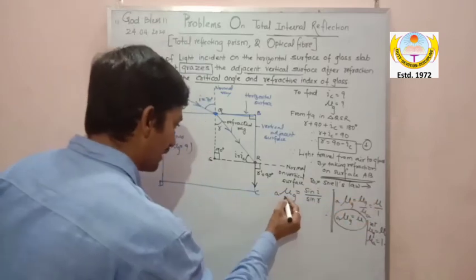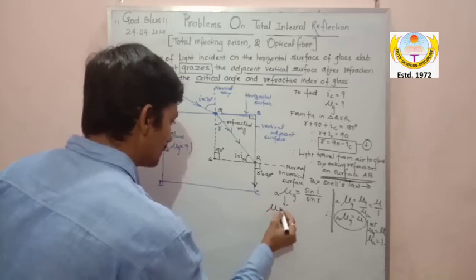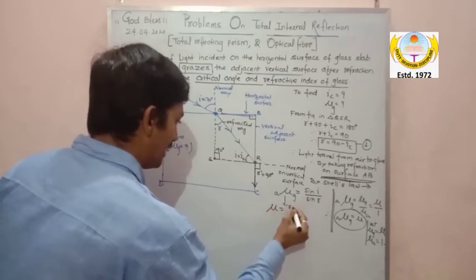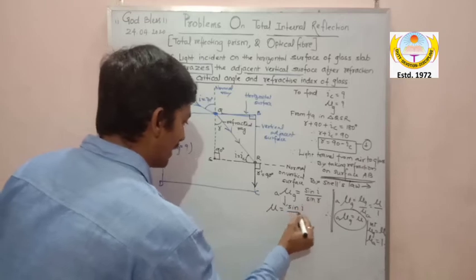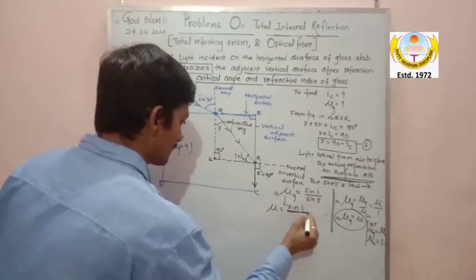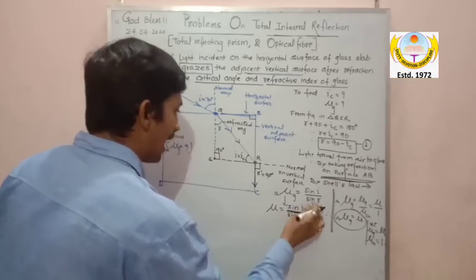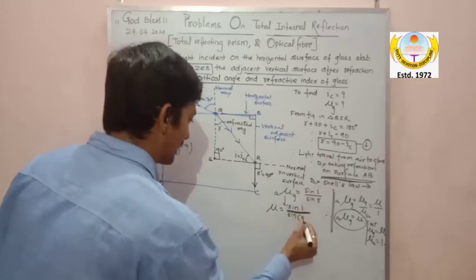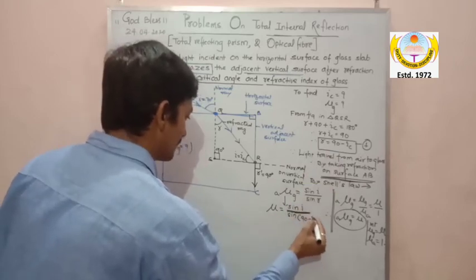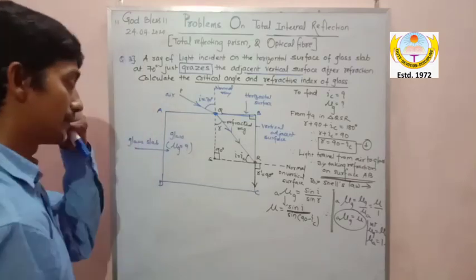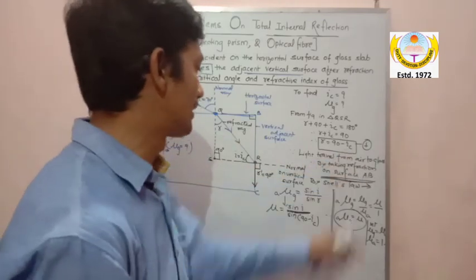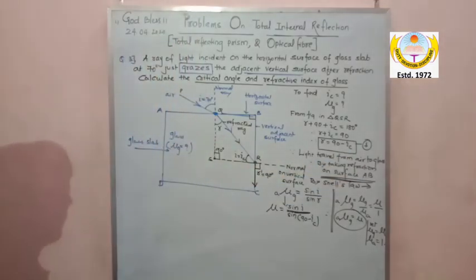So now here, this will become mu is equal to sine of I divided by sine of R. R is 90 minus IC, as you can see.